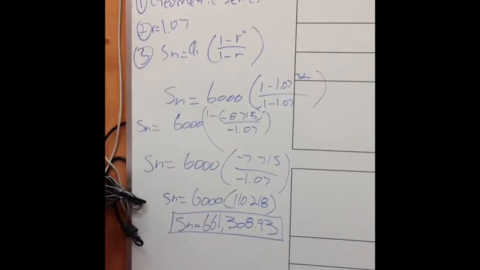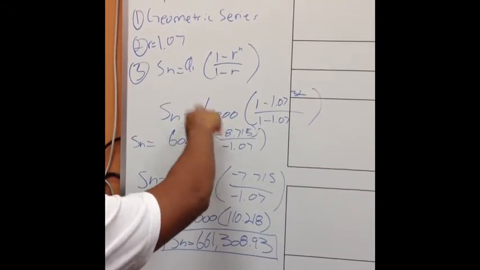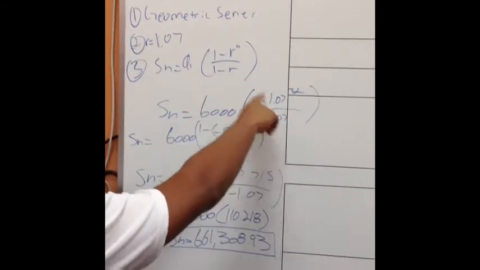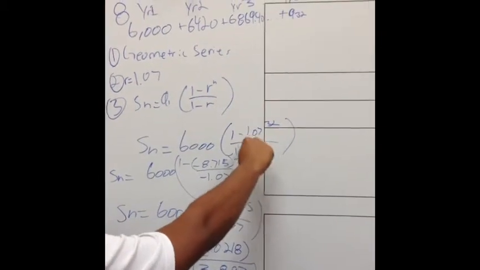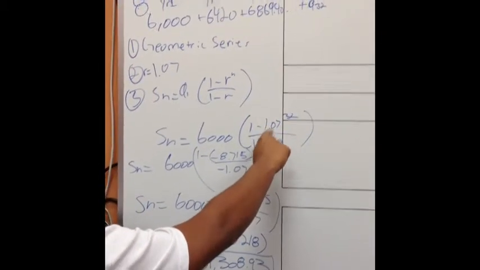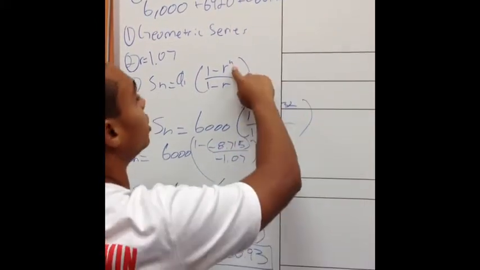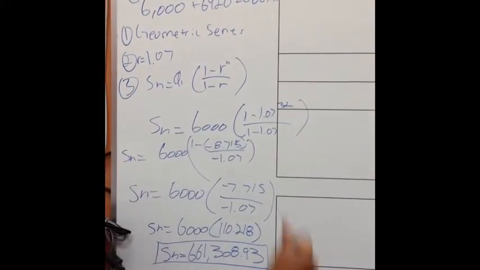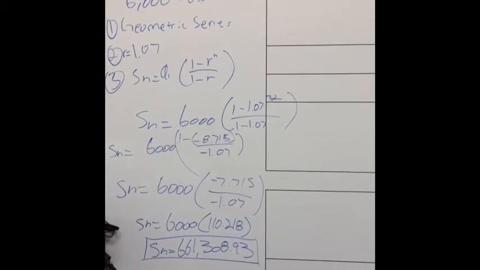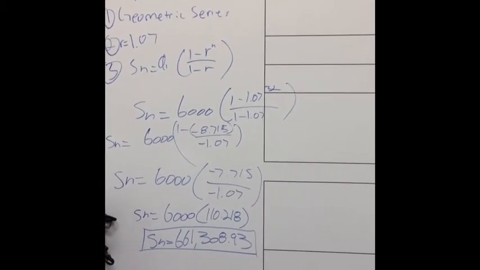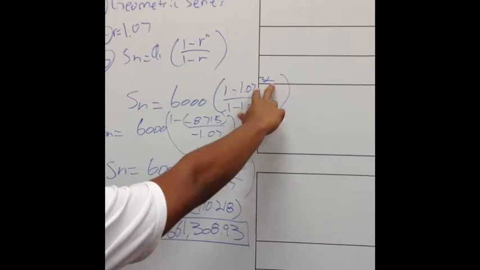And so we have to replace 6,000 with A1. R would be 1.07, and the n would be 32 because that's the number of terms. So what we do is we have to do this first.